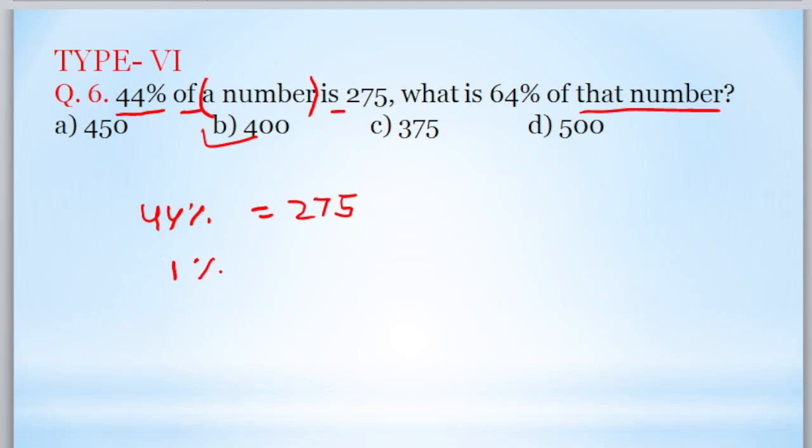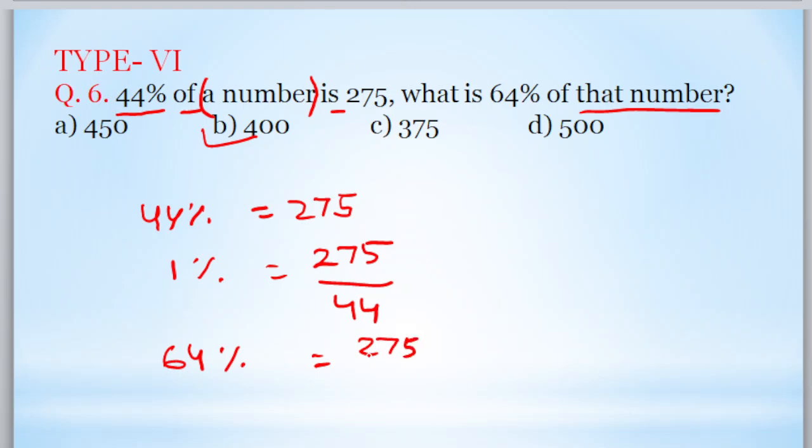So 1% is equal to 275 divided by 44, and again 64% is equal to 275 divided by 44 into 64.